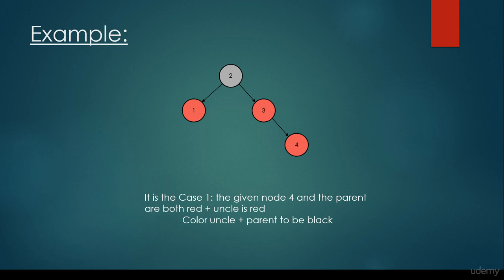Okay, so we have to color the uncle plus the parent to be black. Okay, so basically this is how we do it. This is the typical case 1 situation, if you may recall. But this is why we have been talking about that we have to check recursively whether it's going to be a valid red-black tree, because we came to the conclusion that it violates the red-black properties again, because after this recoloring, the root node has the color red.